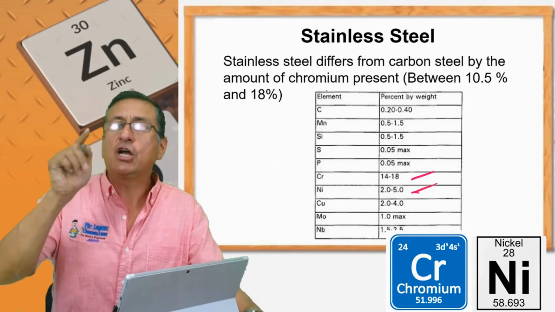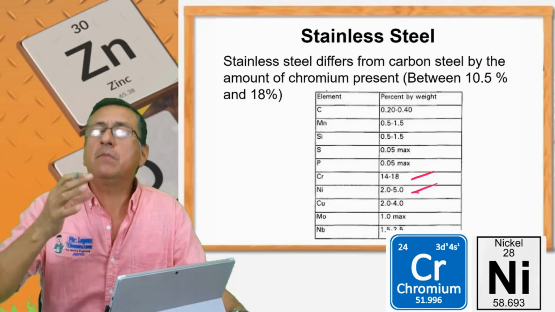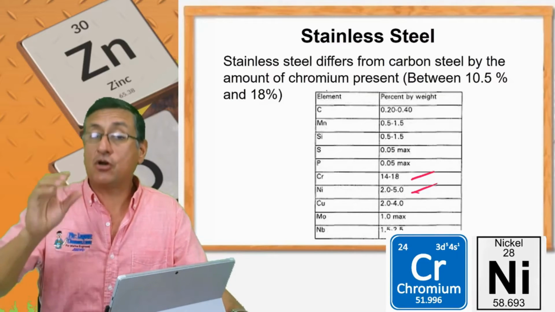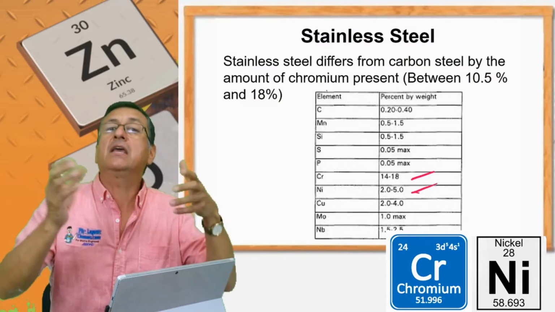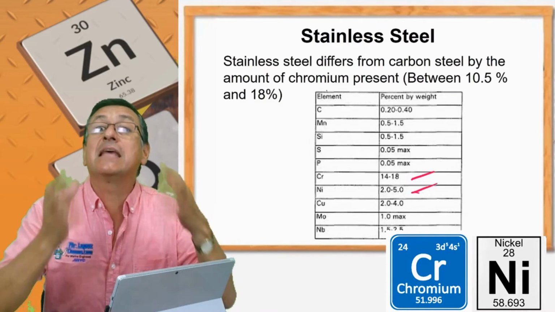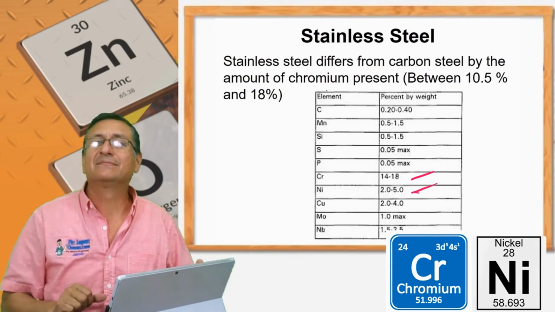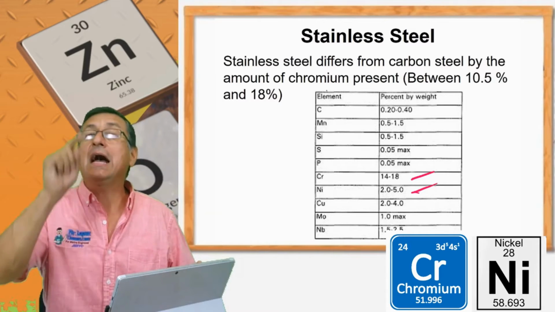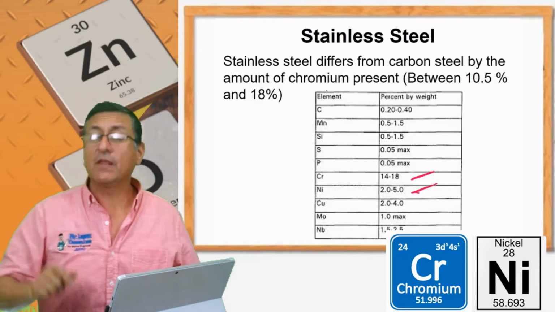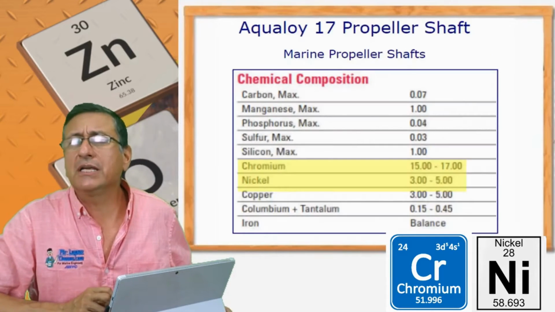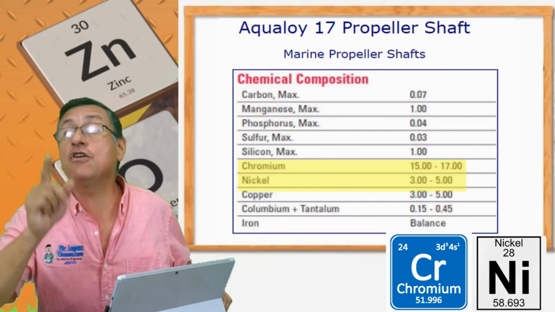Both elements, chromium and nickel, have similar properties. Especially chromium inhibits the corrosive properties of the iron and also inhibits the magnetic properties. And nickel helps to inhibit corrosive properties. For that reason, nickel is commonly used in non-ferrous alloys.